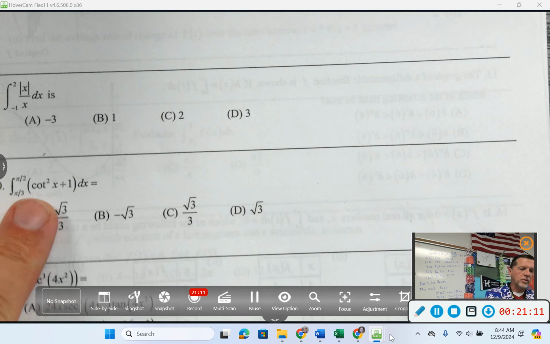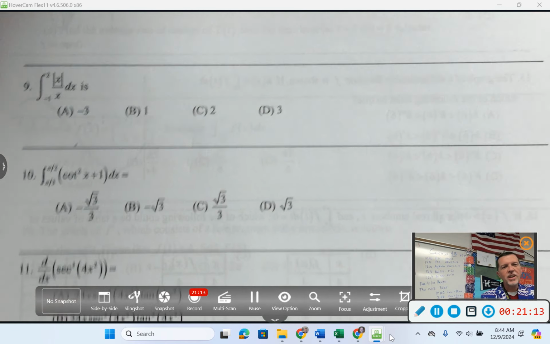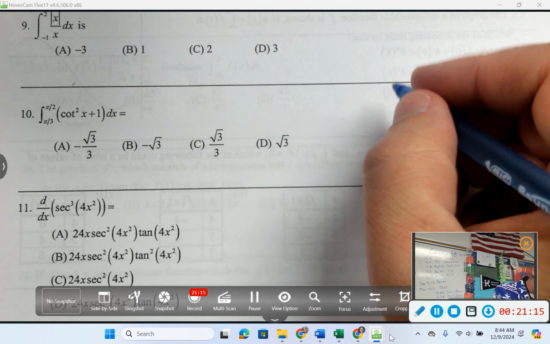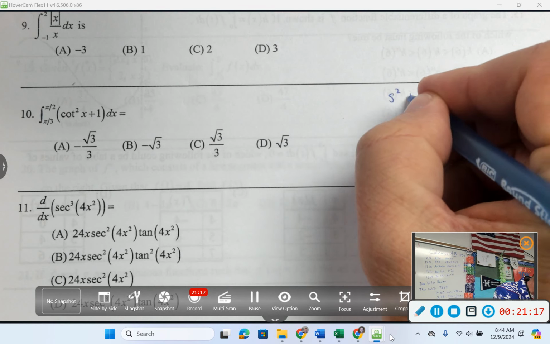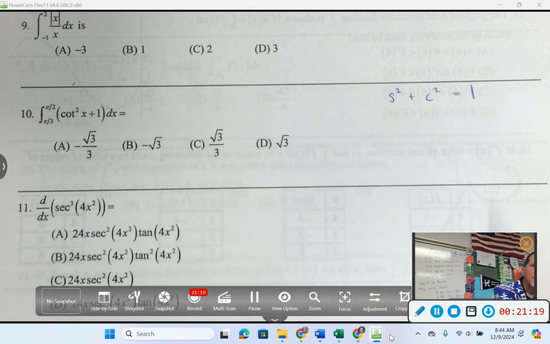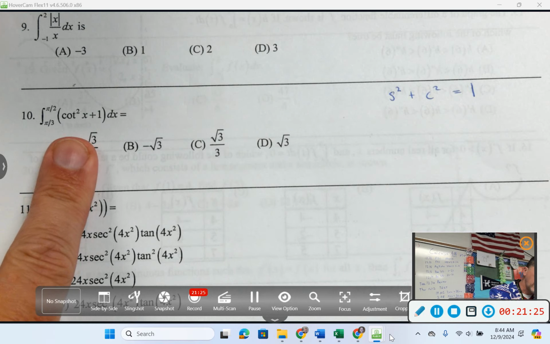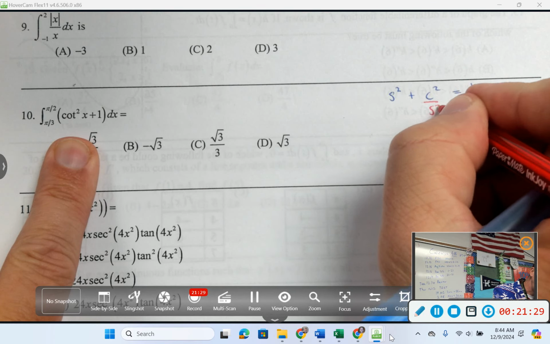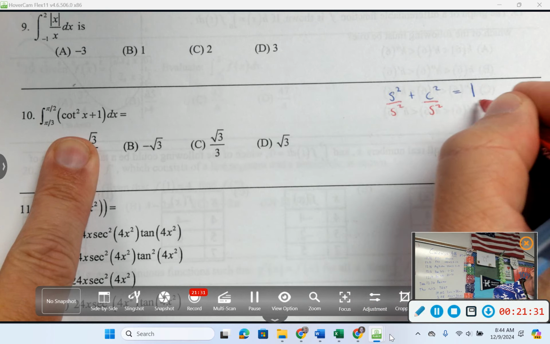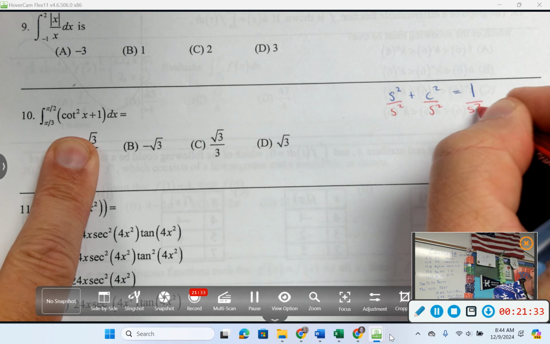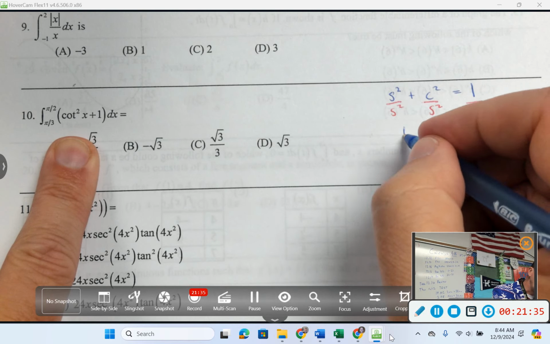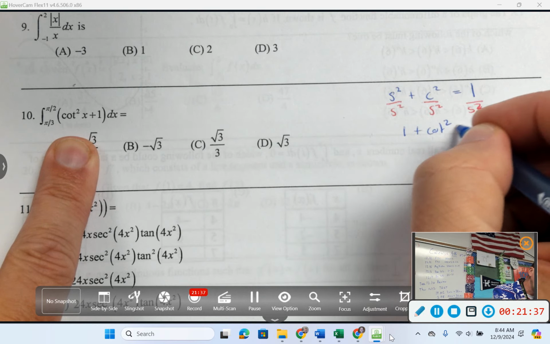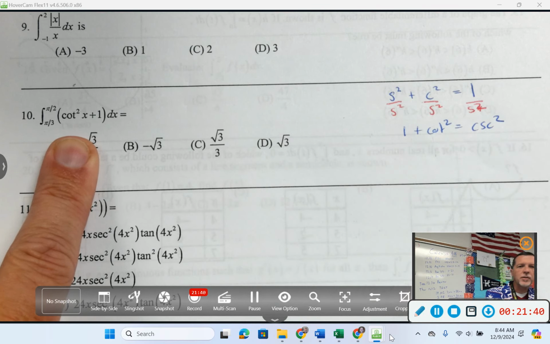Cotangent squared plus 1. I'm pretty sure that's one of those identities. I don't know which one because sine squared plus cosine squared is 1. If I want cotangent to show up, I need to divide by sine. So 1 plus cotangent squared equals cosecant squared.